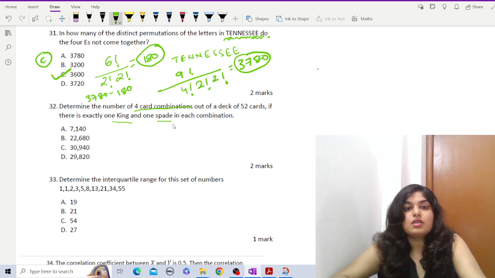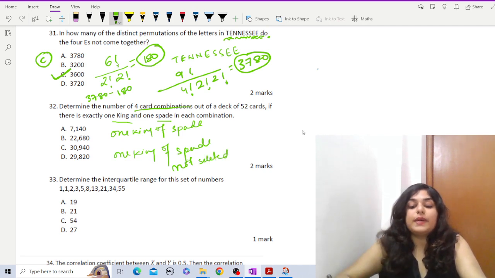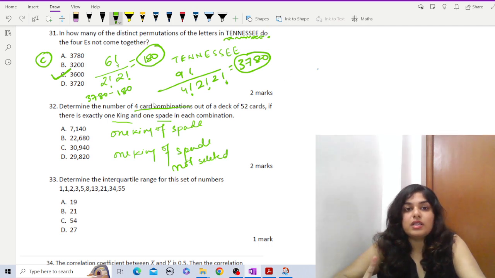There is a case where the king of spade is selected, or the king of spade is not selected, right? So when king of spade is selected, there are 4 cards. If one is king of spade, the remaining are not king of spade. So it is 1C1 times 36C3, right? So the answer is 7140.